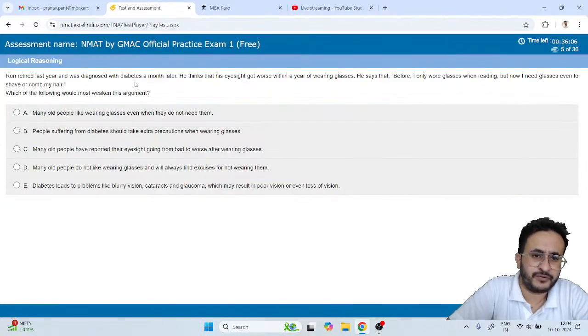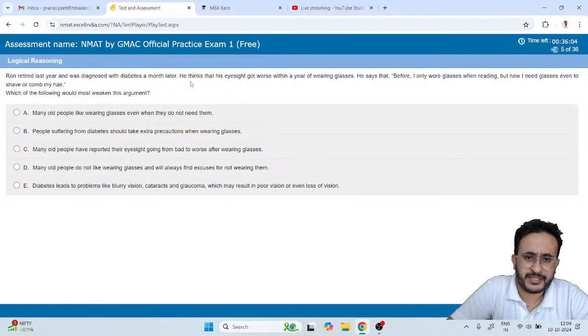Ron retired last year and was diagnosed with diabetes a month later. He thinks that his eyesight got worse within a year of wearing glasses. He says, before I only wore glasses when reading.